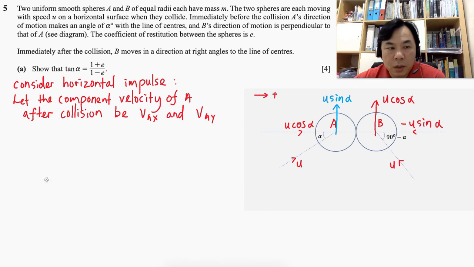In this case we have already found v_Ay, the vertical component of sphere A after collision. But we have no idea what its horizontal component is.